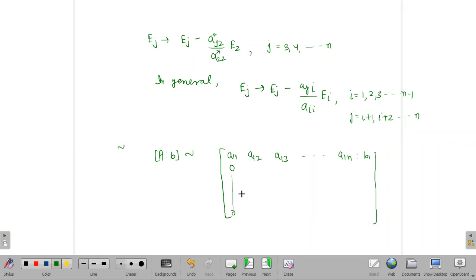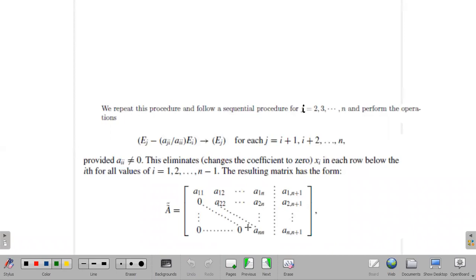So these will be 0. a22, a23, a2n, b2. ann, bn. So this is the matrix. So here I can write, this is the upper triangular matrix.